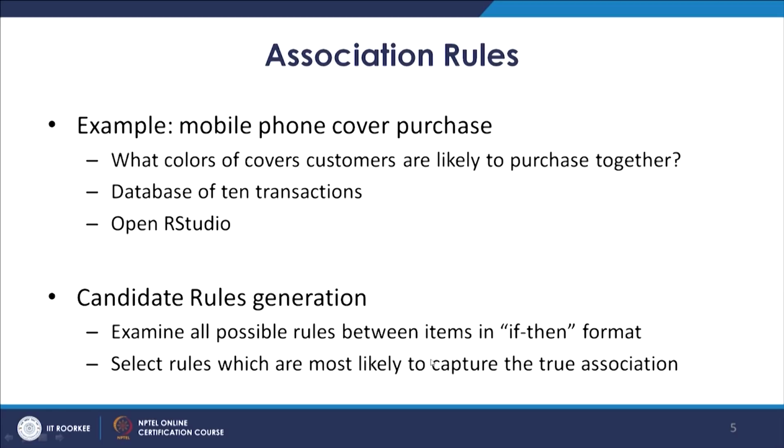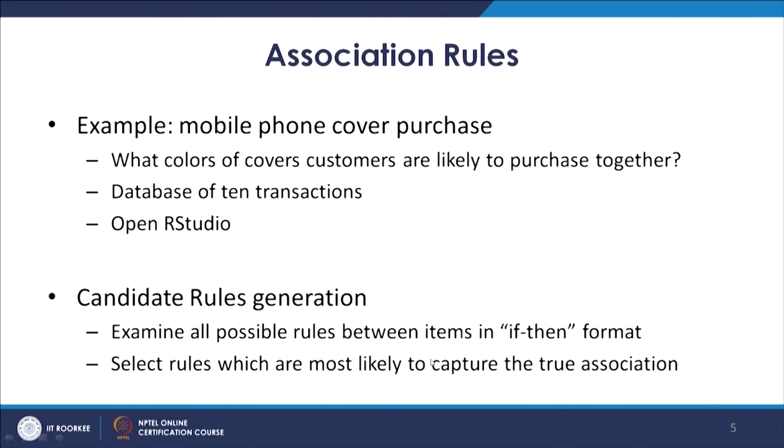Sometimes customers like to purchase different covers with different colors. In this example, we would try to identify the covers which are typically purchased together. In this case we have a database of 10 transactions.